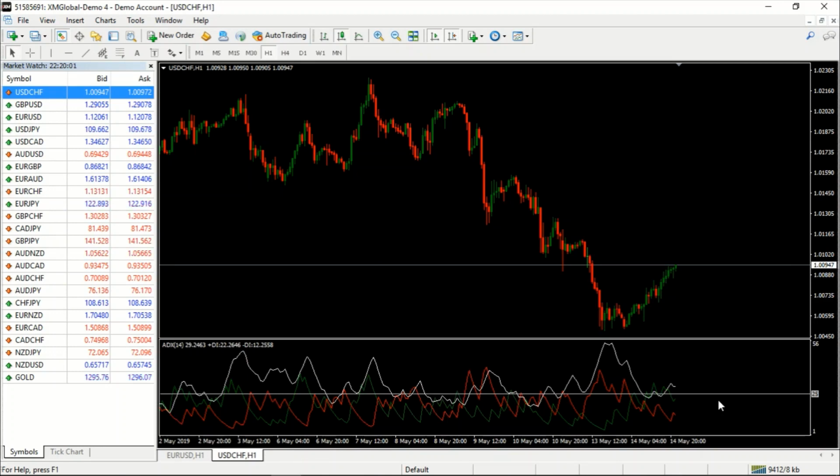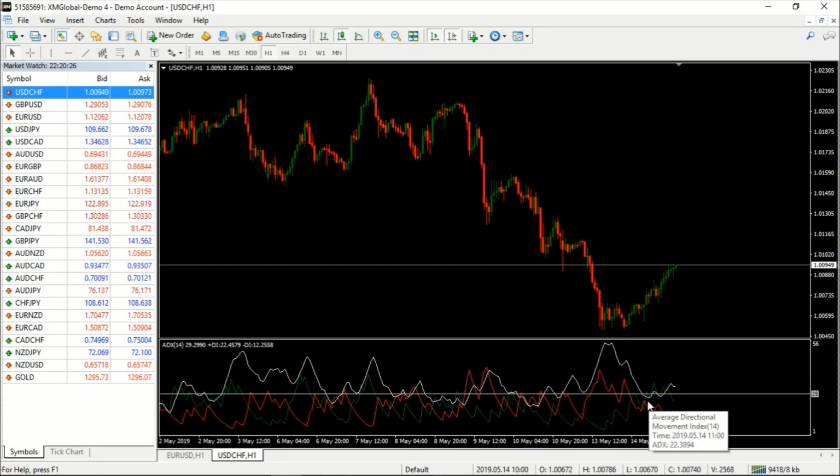So it doesn't give us any clear indicator of buying or selling opportunities or clear indications of whether it is a trending market. Only when the ADX line crosses above the 25 level, right, will this tell us that the market is now forming a strong trend in whichever specific direction.